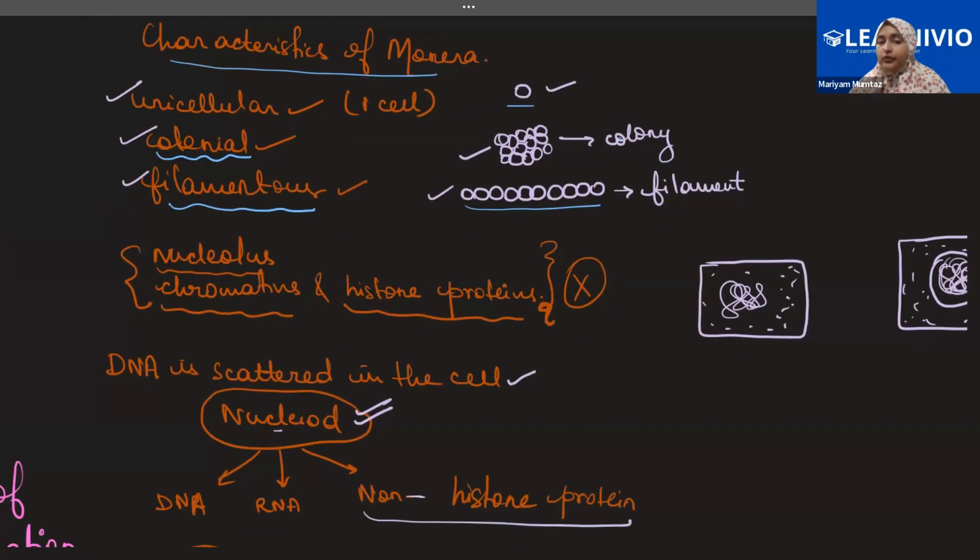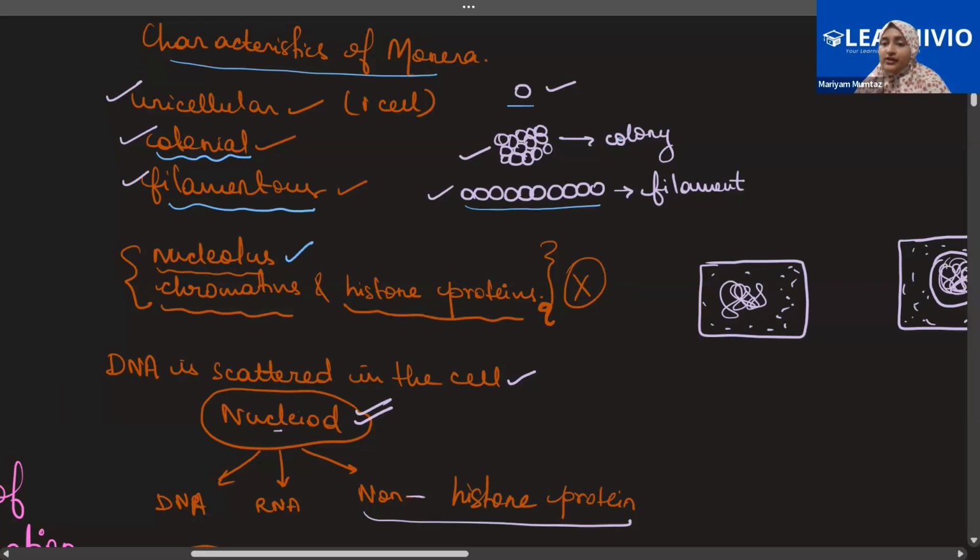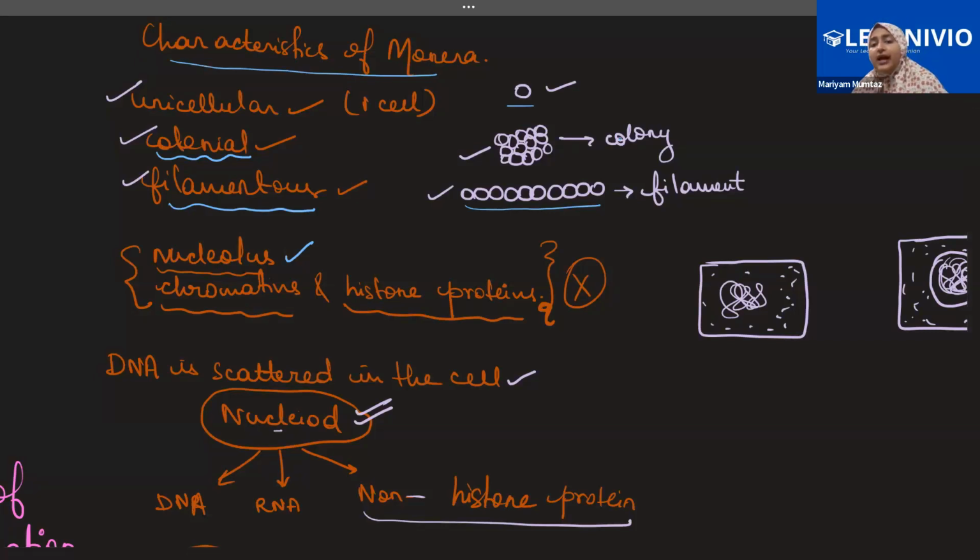Now, another thing, if you are studying the cell chapter, you might have heard about nucleolus, histone proteins, all of these things. So these are absent in the kingdom Monera. They do not have this. Why? Because they don't have a membrane surrounding the nucleus, because they are prokaryotic organisms. So see, if this is a cell, and this is a nucleus, inside the nucleus, the genetic material of the organism is present.